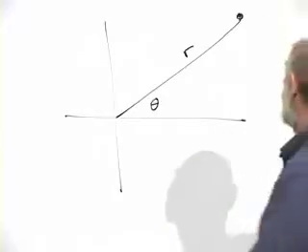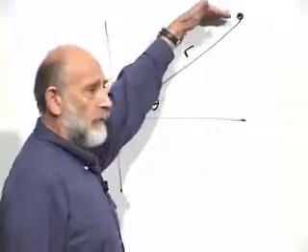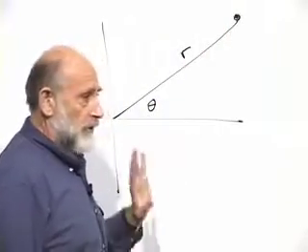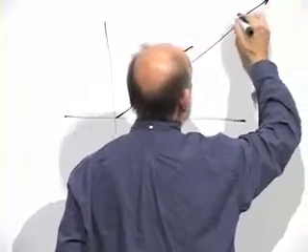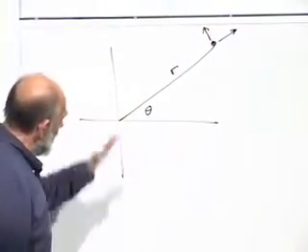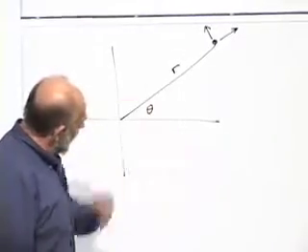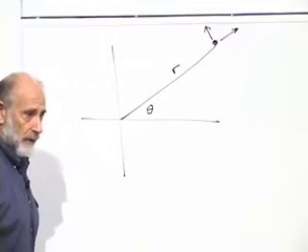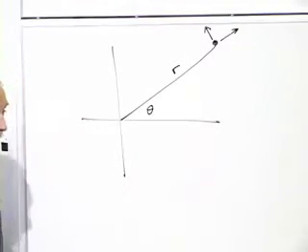Then the components of velocity: we could choose the x and y components of velocity, but we can also use the r and angular components, the component of velocity along the radial direction and the component perpendicular to it, to describe the velocity vector.